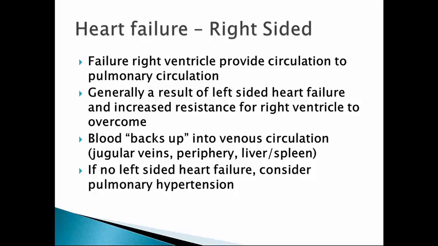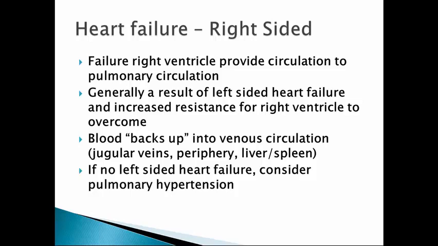So if you think about all this blood on the left side of the heart backing up to least resistance, well, we're in the pulmonary system, so where's it going to back up to next? Right ventricle. Exactly, because that's the pump on the right side of the heart. So as a result, the manifestation of right-sided heart failure is that the blood backs up into the venous circulation.